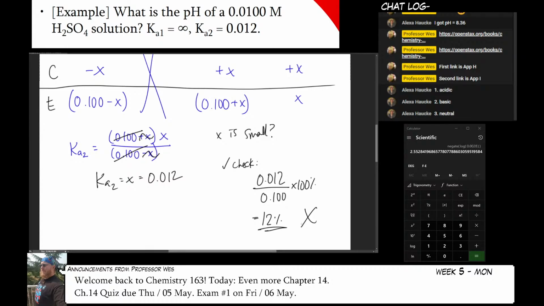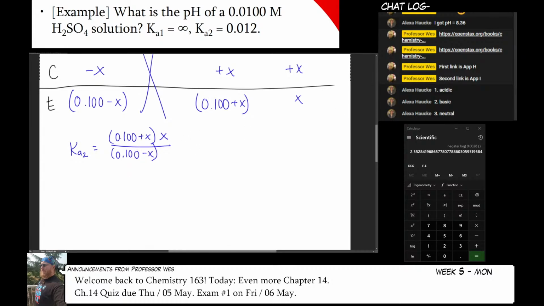I cannot have a 12%. X is small. So what we have to do is we have to go like this, and we cannot make the x is small approach for this specific problem. So we're just going to throw in a solver. That's what Wolfram Alpha is for, right? So we're going to punch this expression into Wolfram Alpha.